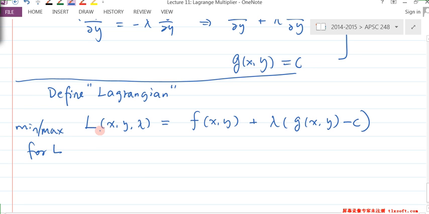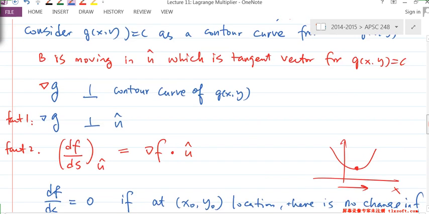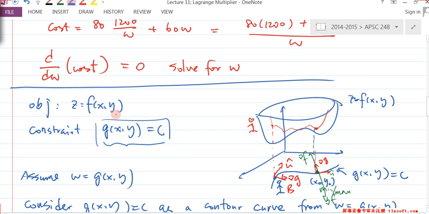I'll explain why it's equivalent. The first observation is, when you look at this Lagrangian here, and you're looking for the min and max, what would be the difference between this problem and the problem that's stated here? This is a problem finding min and max subject to a constraint.